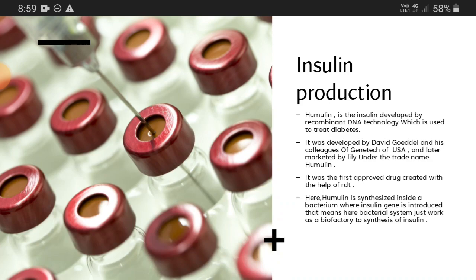Insulin produced by recombinant DNA technology is known as humulin, first discovered by David Goeddel and his colleagues at Genentech of USA, and later marketed by Lilly under the trade name humulin. Here we are incorporating the gene of insulin inside a bacterium, and we are using the bacterial system as a biofactory to produce insulin.